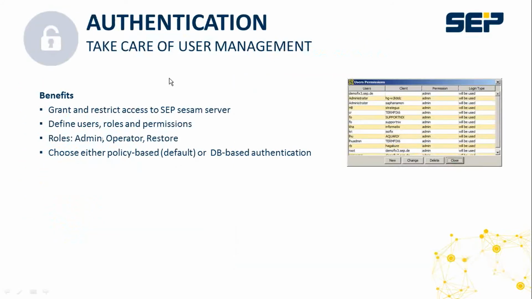Then the authentication. I know that lots of customers and partners are waiting for this functionality, and with our latest version from 2016, from last year, we released some sort of authentication.